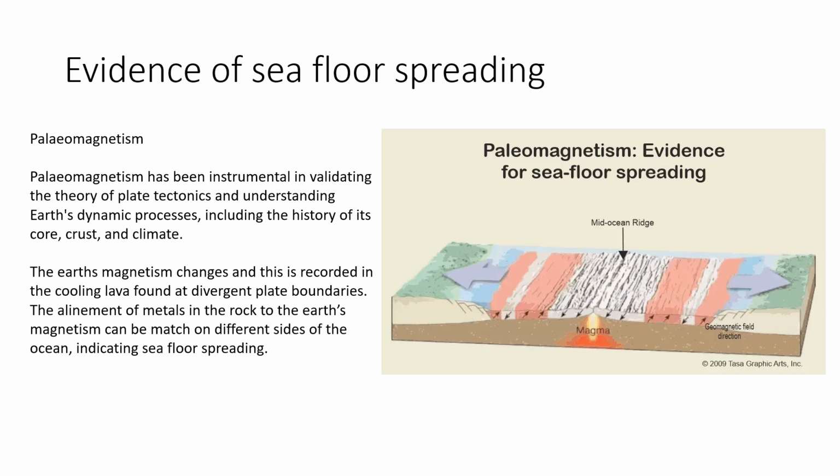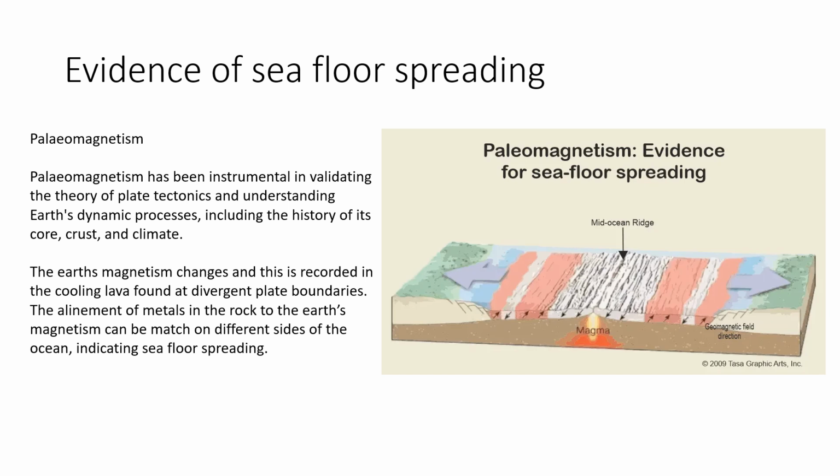So when you're looking at the oceanic plate, particularly places like the Atlantic, we can see where there have been changes in magnetism, switches between north-south pole, and that's been recorded in the rocks itself.